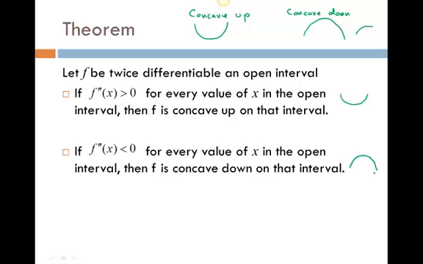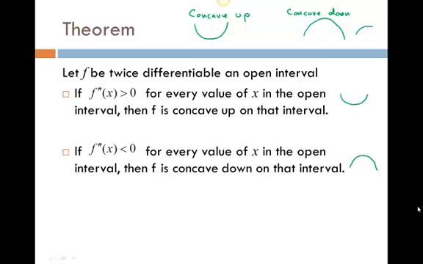All right, so let's see if we can sort of wrap our heads around this intuitively, what's happening here. Our first derivative is the rate of change. It's the slope of the tangent line, the instantaneous rate of change.